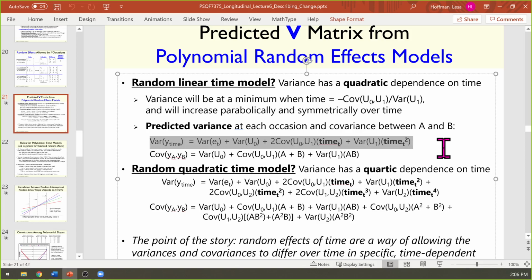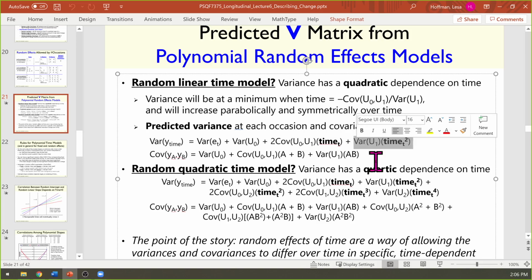So it predicts that the variance has a U shape. It's going to be a minimum at some point, and it increases on either side of that in a quadratic fashion. And it's quadratic because of this piece right here: the variance of the U1 random slopes multiplied by time squared. So that creates a U-shaped pattern of change in variance over time.